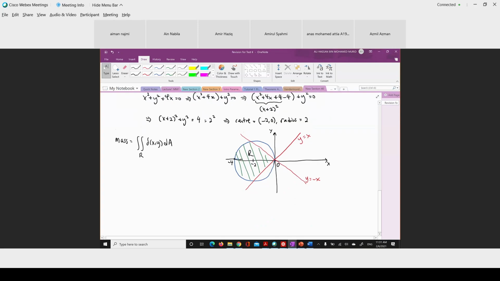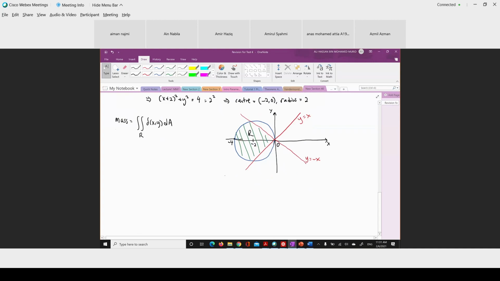Sometimes students might think wrongly that x is between minus 4 and 0, and y is between minus x and x. Now this is not correct.